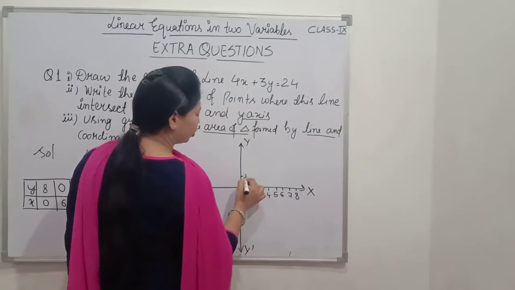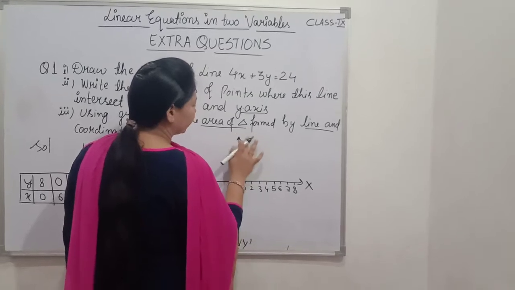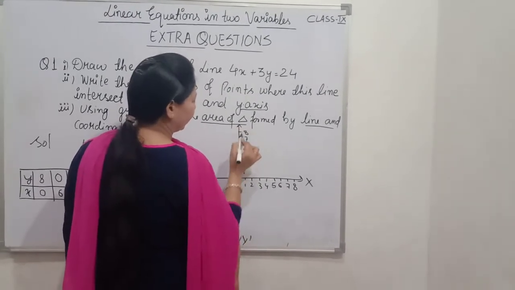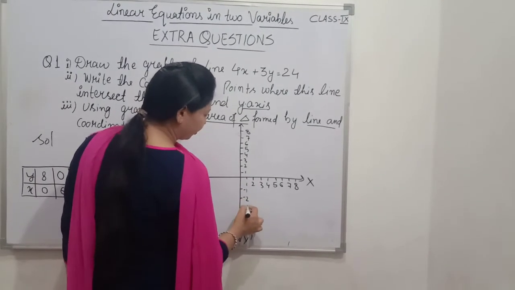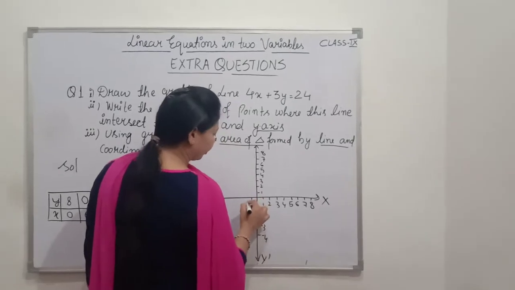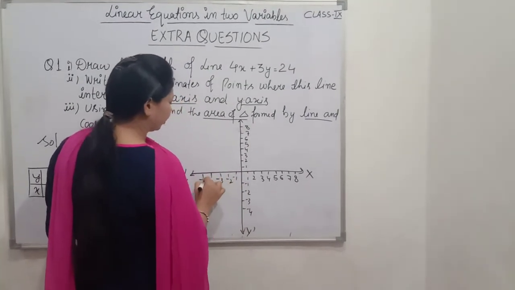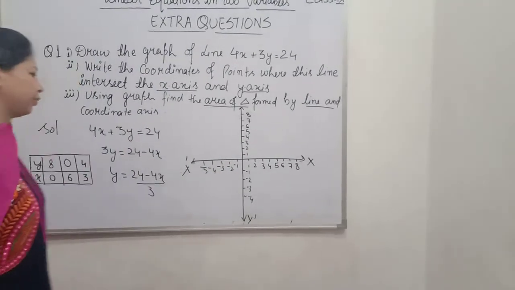On the other side, 1, 2, 3, 4, 5, 6, 7, 8. Now this is minus 1, minus 2, minus 3, minus 4. We don't have any negative values here, so I kept it only up to 5.